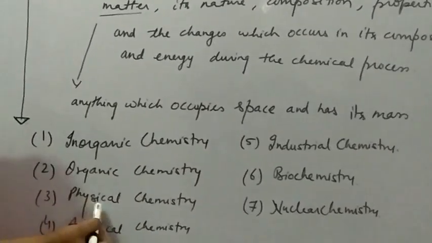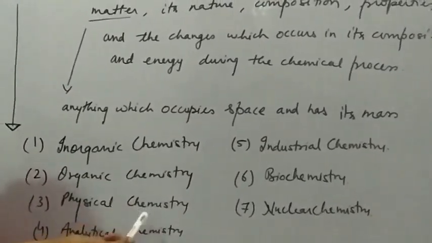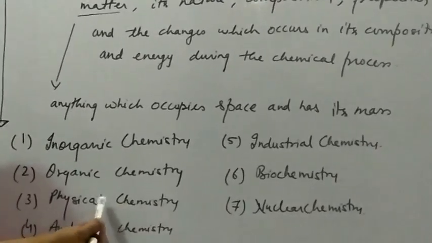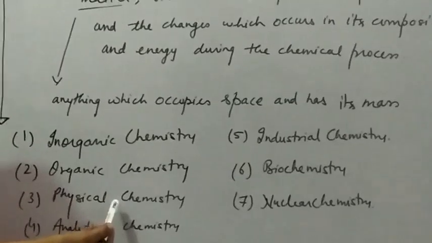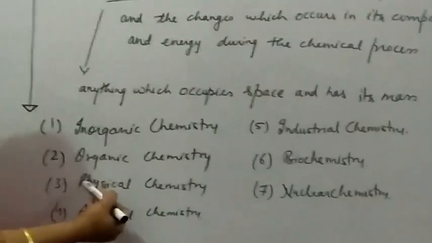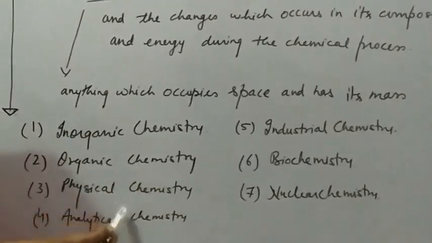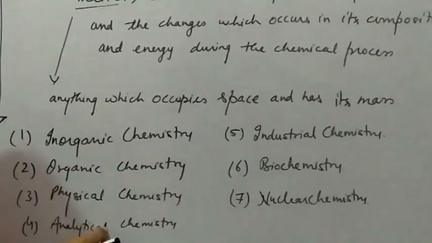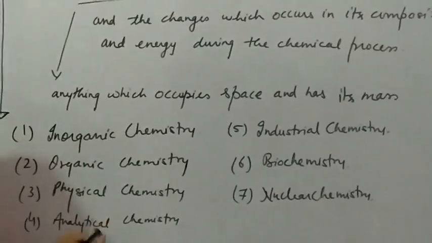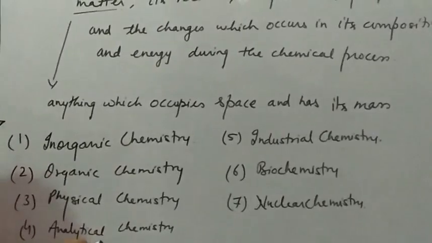Physical chemistry deals with the fundamental principles which are involved in chemical phenomena. Right? For example, evaporation is there, right? Surface tension is there, right? The solubility factor. This all will come in physical chemistry. Then the analytical chemistry. It includes the qualitative and the quantitative aspects of any chemical reactions.